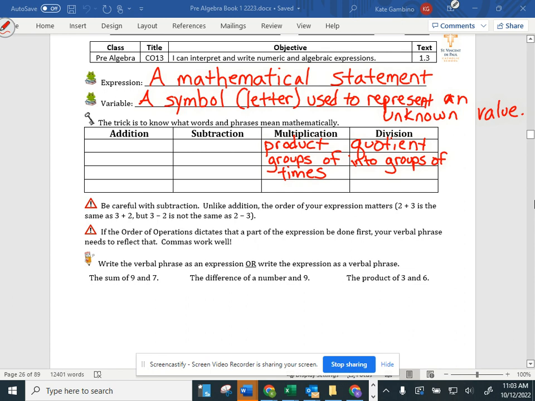Subtraction. Hugo. Difference. When we find the difference of numbers, we are subtracting. Chance, are you all done? Did you have any questions on anything? What's another way of saying subtracting, Aiden? Less than.